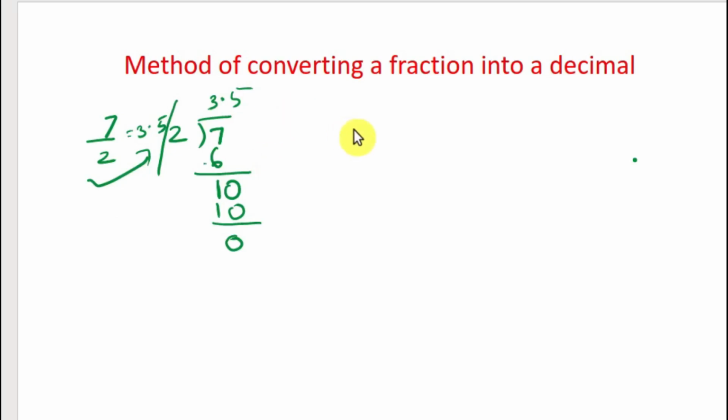Shall I do one more? 15 by 20. Listen here. This fraction I'm writing as 3 by 4, the simplest form of this fraction. Okay, 3 by 4. 3 divided by 4 is not possible.